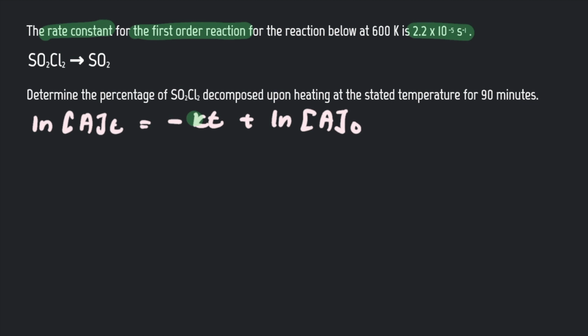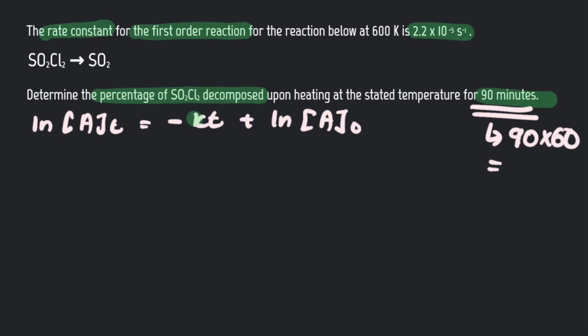And then determine the percentage upon heating for 90 minutes. So given to you is t, 90 minutes. You need to convert this 90 minutes into seconds. So 90 times 60, because 1 minute is 60 seconds. So you need to convert this first and then plug it in here.